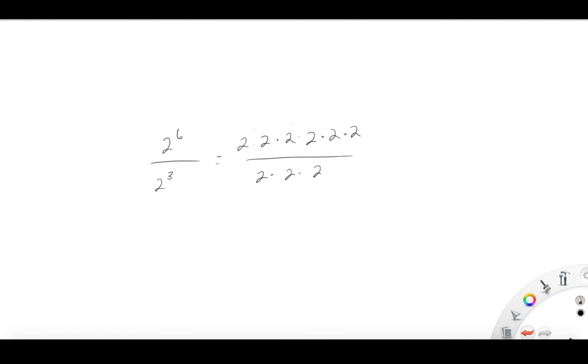So if we wanted to demonstrate what we have left over, we can cancel off that many 2's. We're left over with 3, so that would be 2 to the third power. So you can write it out longhand like that, and some of the problems ask you to do that.